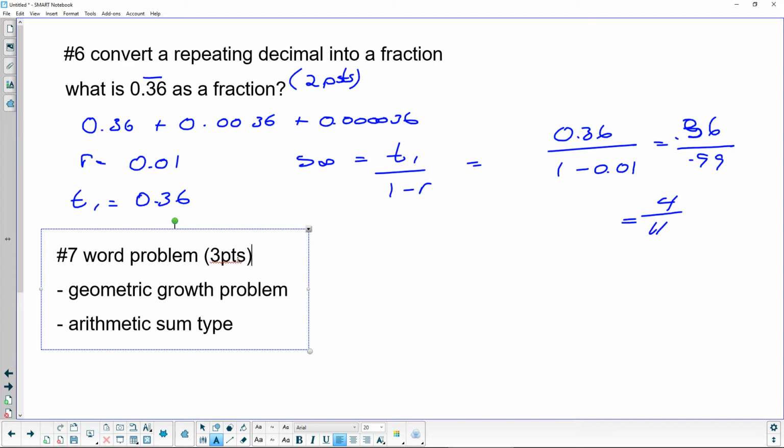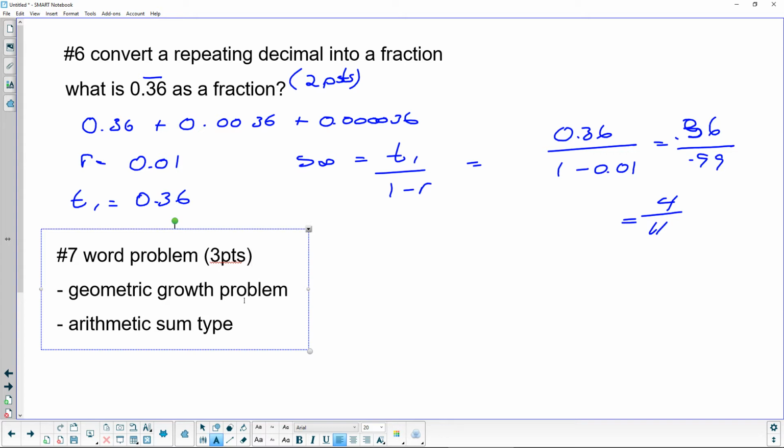Okay, so that's what will be on the exam. So study the geometric growth problem and study the arithmetic sum type. This one would be like the population of a city is growing by 8% per year. If the population was 100 in 2000, what will the population be in 2020?